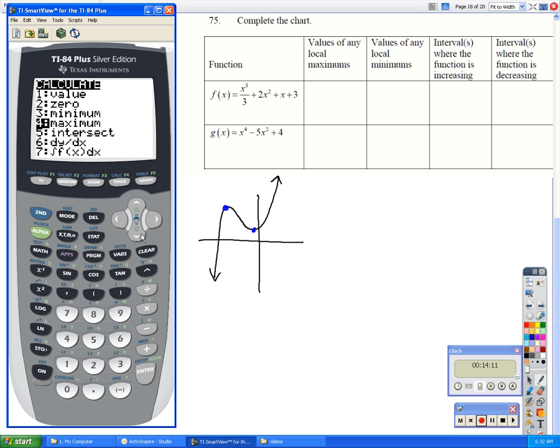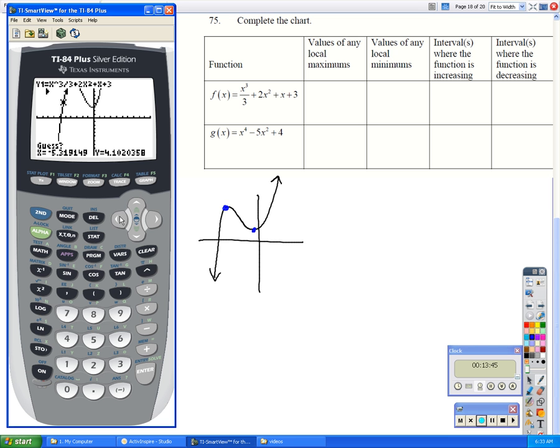First one, we'll do the maximum. To go to the left of it. Enter. To go to the right. Enter.